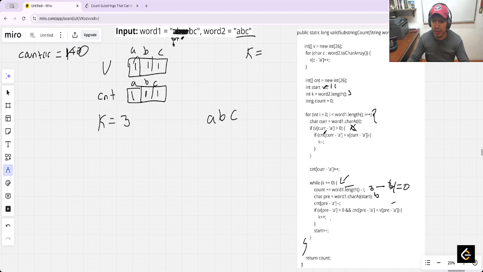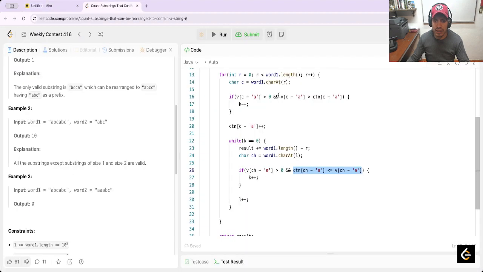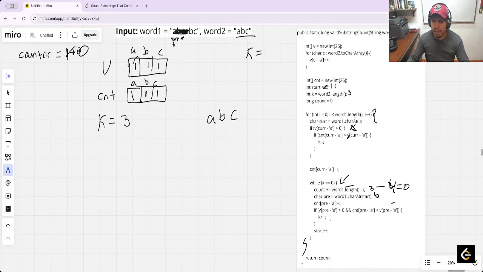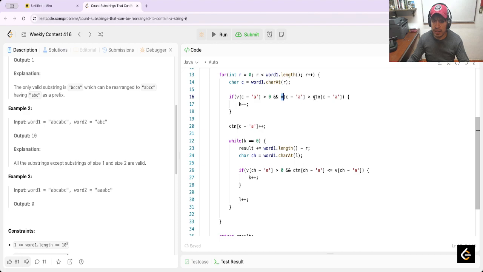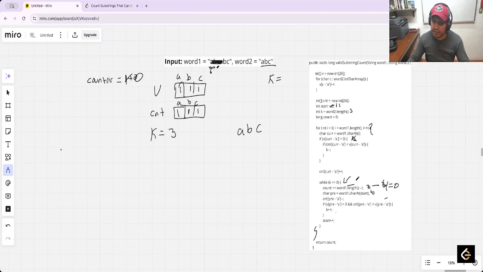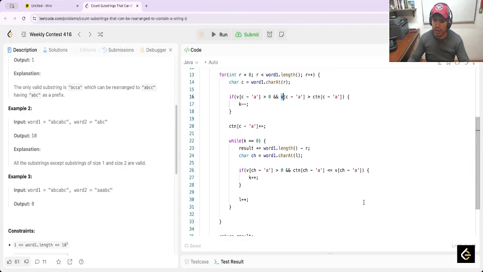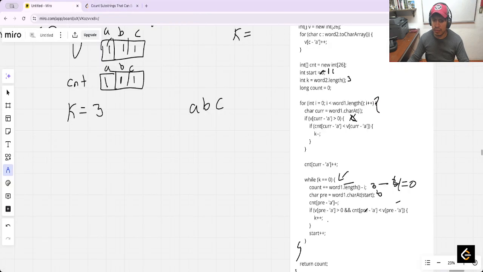Okay, the first is this, and B is greater than C. What? Word 1 less. I don't see the error.